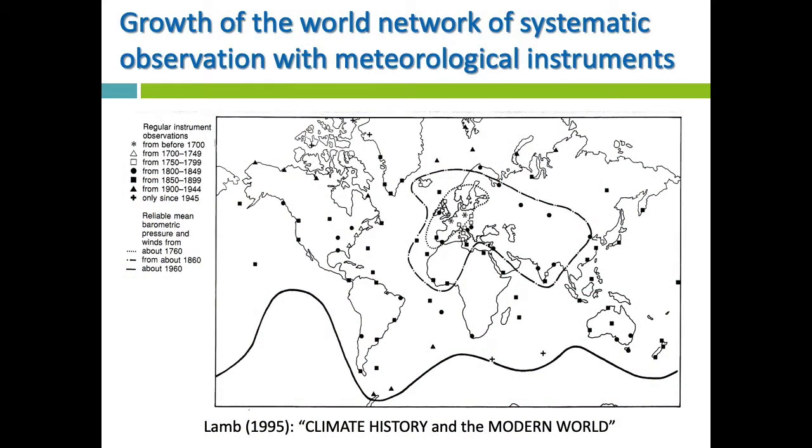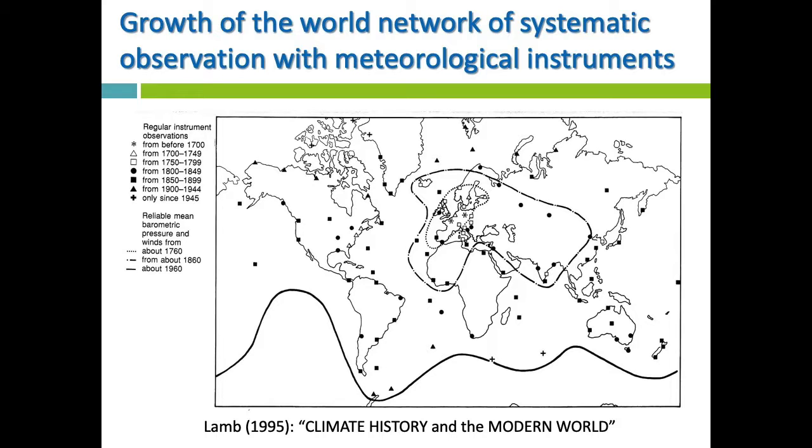This map in the book, Climate History and the Modern World, shows that the world network of systematic observation with meteorological instruments has started to expand from Western European countries.